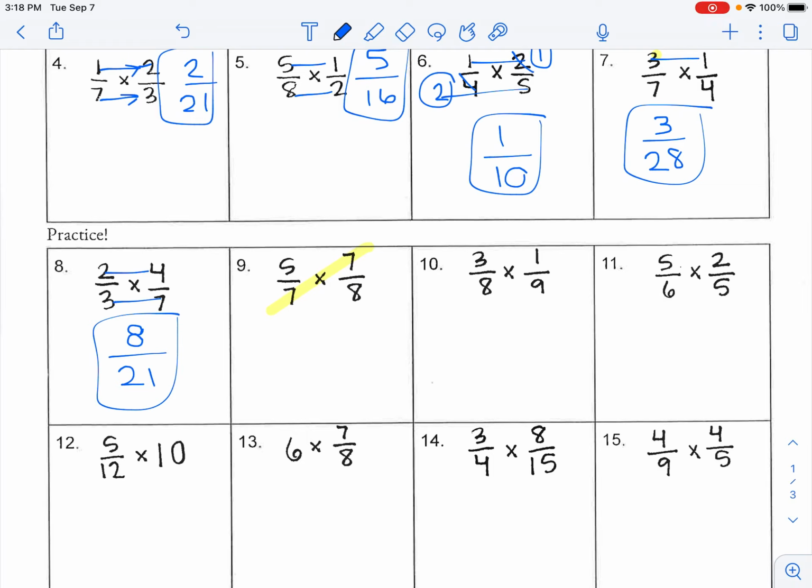Why? Because you're dividing that number by itself. So 7 divided by 7 is 1, and 7 divided by 7 is 1. Can you divide a 5 and an 8? No. So now I'm going to multiply 5 times 1 and 1 times 8.